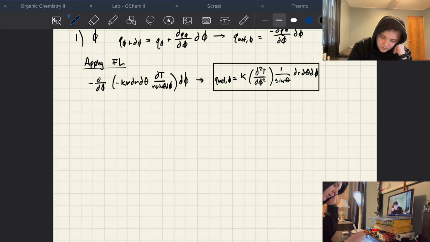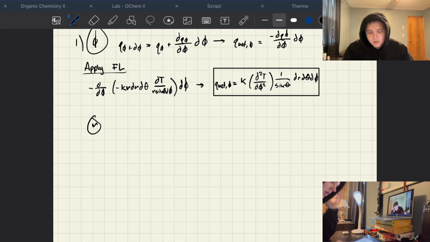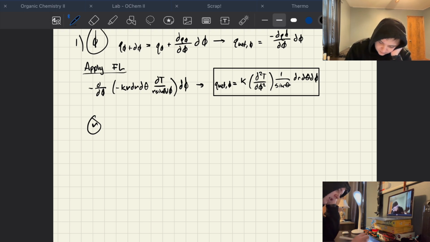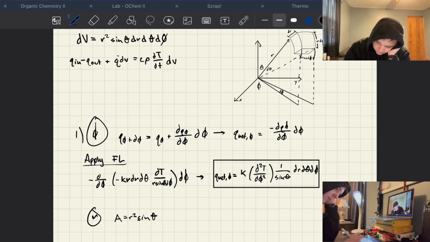So we can do r. I'm just going to circle these so it's easier to tell where I'm at. This one should be a little easier, hopefully, than the phi, because it's not as many confusing numbers. So our area here is going to be r squared sine theta d theta d phi.